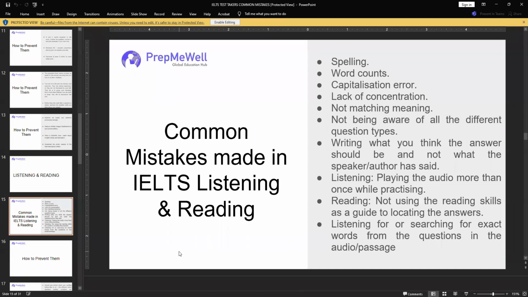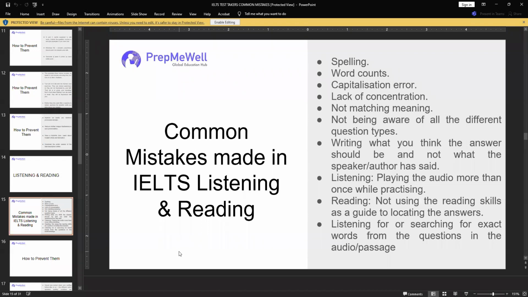Now, don't formulate answers for them. For instance, if the speaker said location, or let me use the word locate, and maybe it's a reading passage, you find locate there. By the time you want to fit that answer into the question, it's not looking like it makes sense grammatically to you.